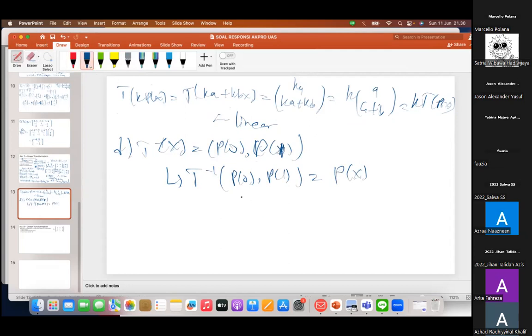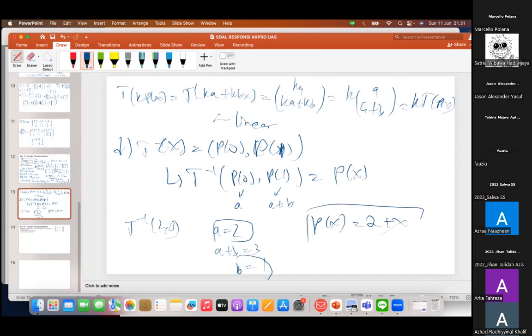So in other words, this is equivalent to A, this is equivalent to A plus B. So we're asked the inverse of (2, 3), right? So A equals 2, A plus B equals 3, therefore B equals 1. Therefore, your Px is equivalent to 2 plus x.